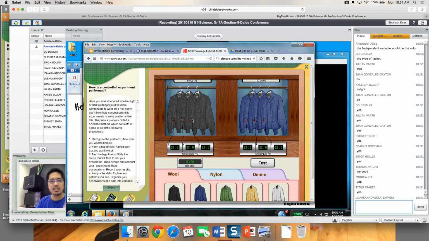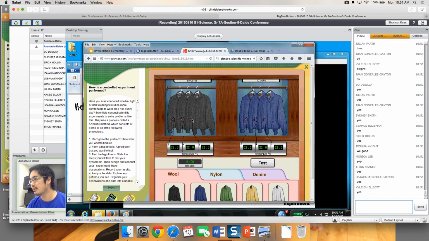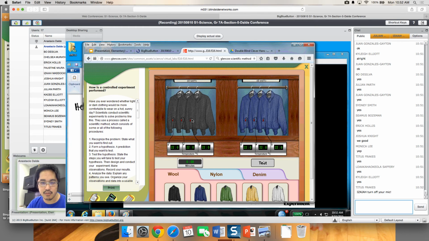Okay, so let me show you how this app works, because it's actually a pretty cool one. It's very quick. What we're going to do is I'm going to ask you folks to test all the jackets. You just take a black jacket and a blue jacket and you put it up there and you run the test. The test will take 5 minutes, but then they accelerate it real quick.